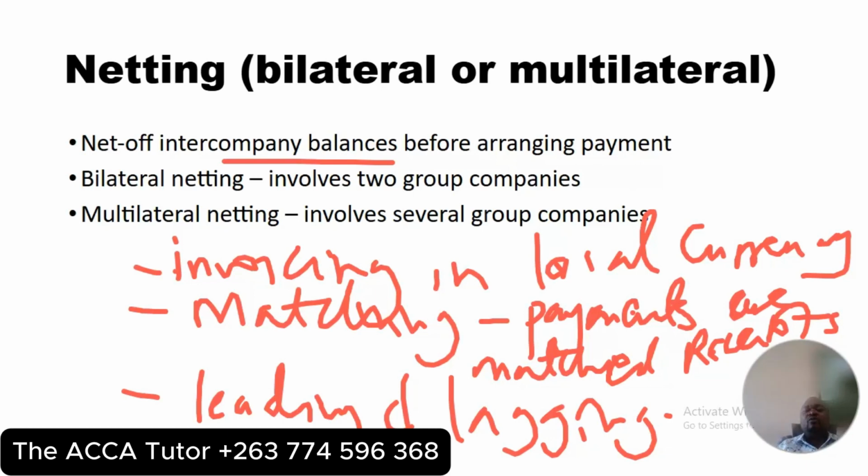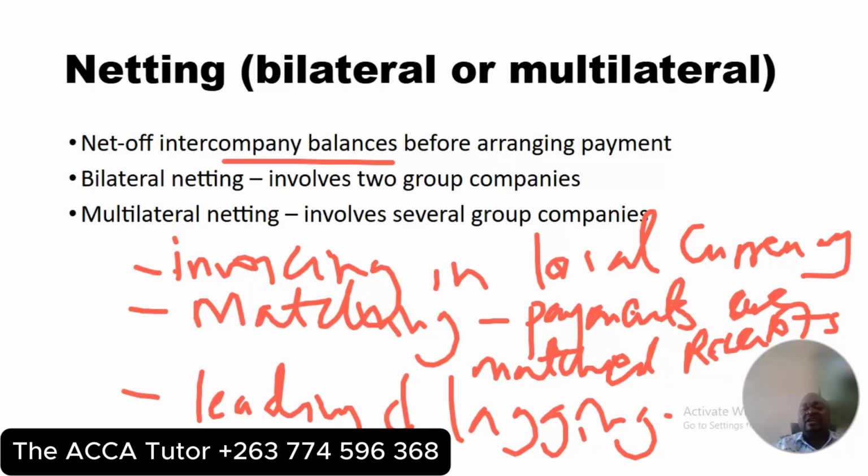Before we arrange payment, we just have to pay the net. We would first identify our intercompany receivables, and also the intercompany payments. Then after we get the net difference, we arrange for payment.